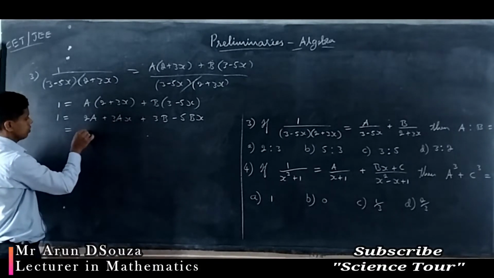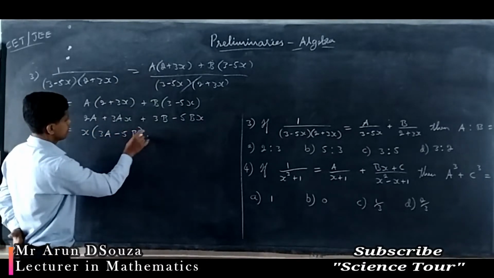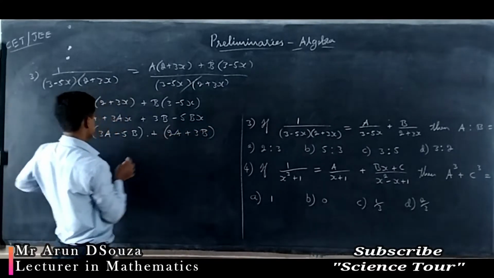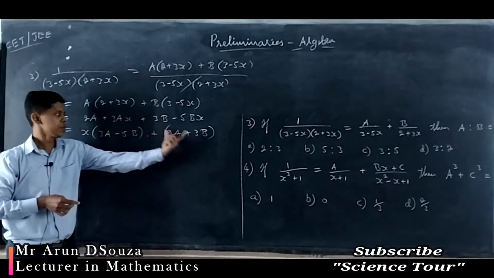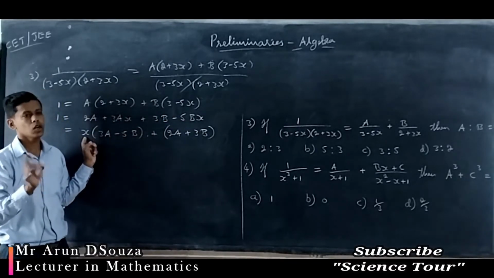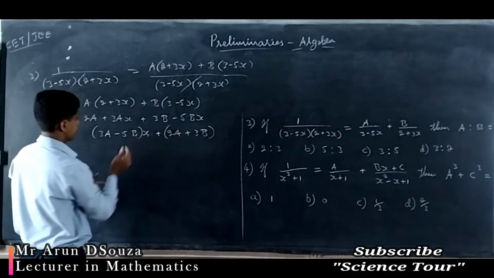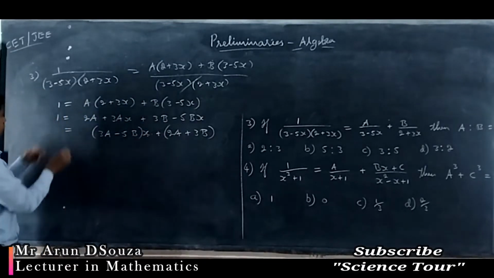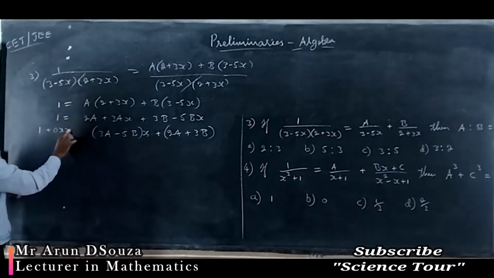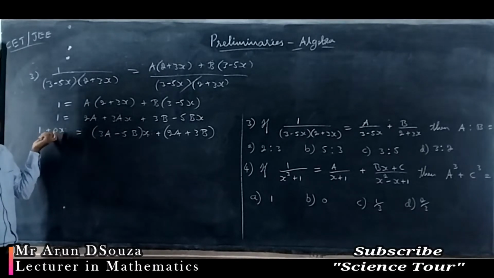So if you take x common, you will get 3a minus 5b plus 2a plus 3b are the constants. I have taken x common from these two things, correct? So I can write that x here also, doesn't matter. Now you have 1 here, okay, and 0x, correct? Okay, so the coefficient of x is 0 here.